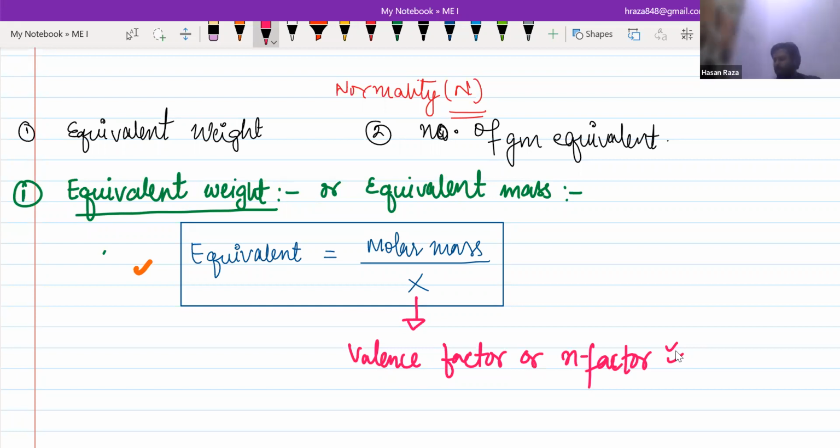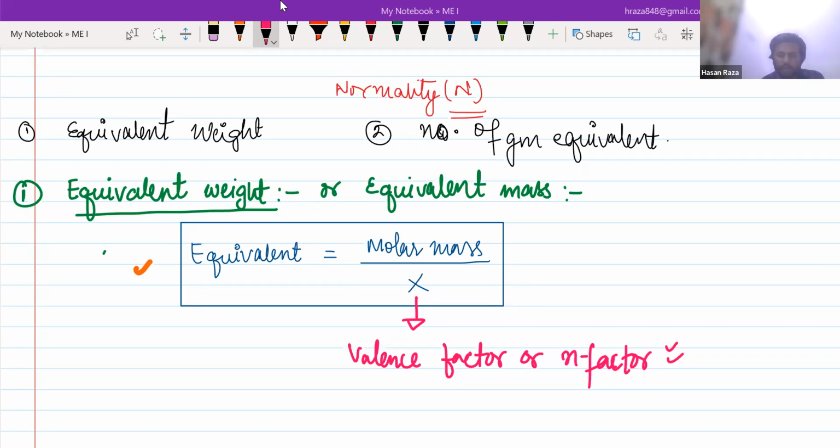So how are we going to calculate this N factor or valence factor? It's very easy. First of all, you are going to write it, and please note, this normality is similar to molarity, but in normality we have two more steps. That's why you need to be careful here.